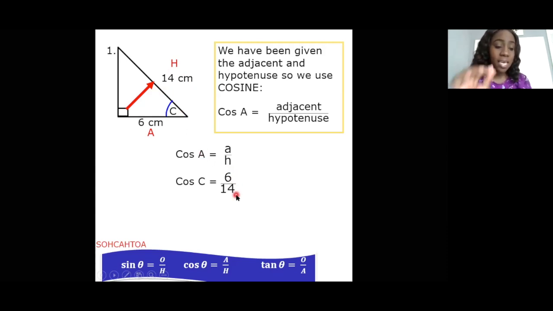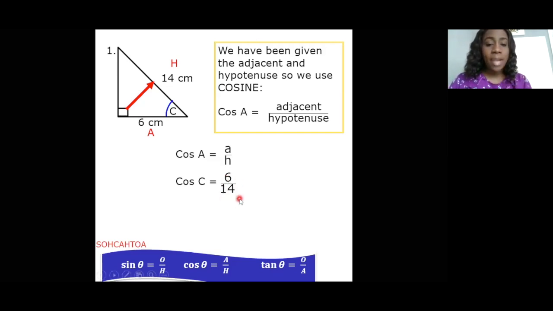Now, let me say this again. The next line, I do not teach. I intentionally left it in here because there are some teachers who teach this method. I don't like my students to write a lot of numbers because I figure that they get confused. They're going to write down what is 6 divided by 14 in the next line. You do not have to do that step, okay?